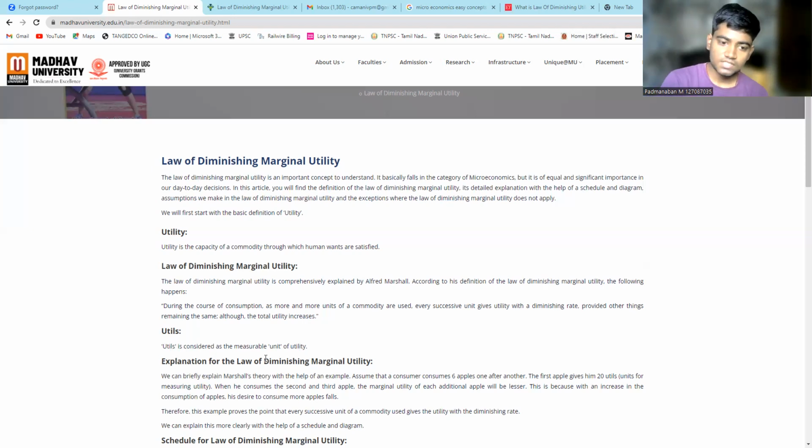So the utility derived from the second apple is lesser than that of the first. So the marginal utility, that is the utility from every additional unit we consume, keeps decreasing. But total utility keeps increasing, though at a diminishing rate. That is the concept given by Alfred Marshall in his definition.